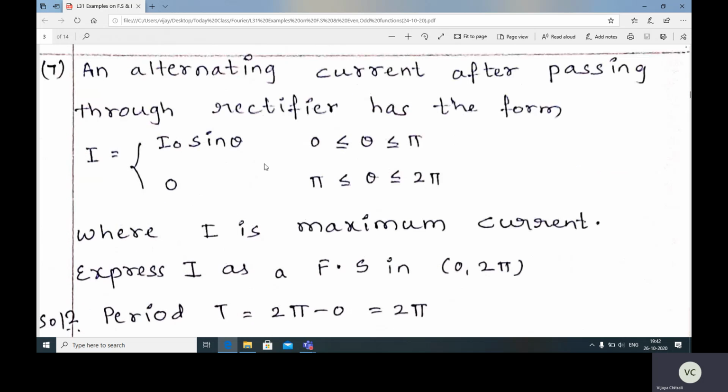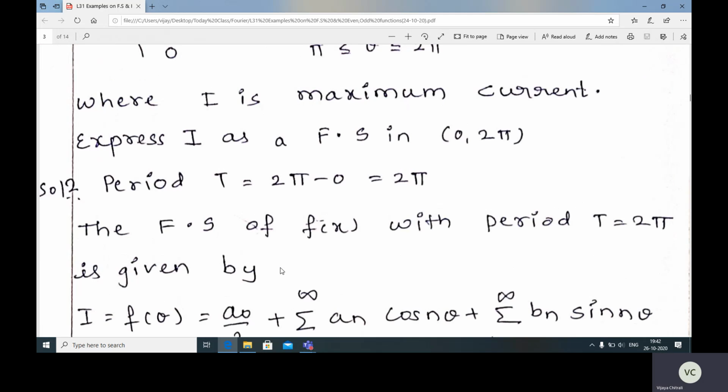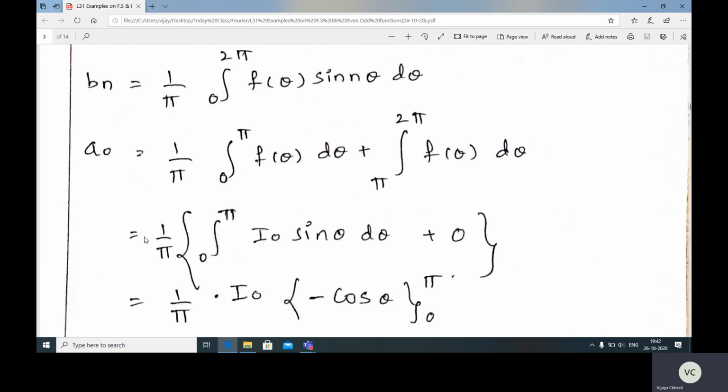In 0 to pi we have the function as I naught sine theta d theta, and in pi to 2 pi we have the function as 0. So 0 into something will be 0.